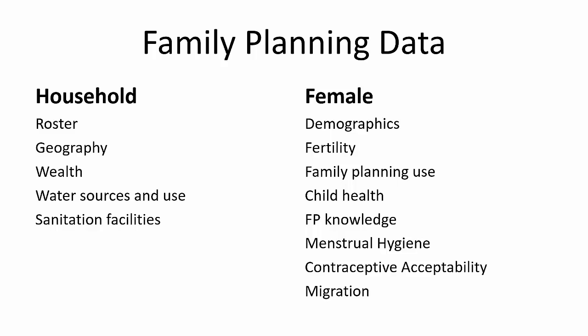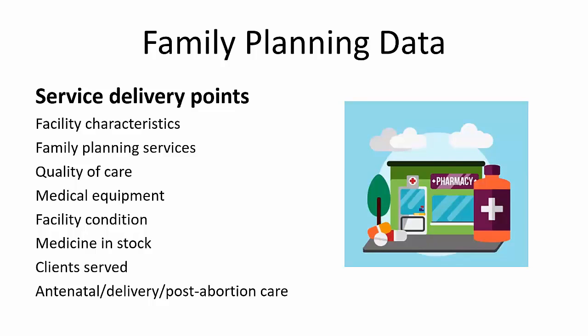Some countries have additional questions, such as migration and menstrual hygiene. The family planning facility data that can be linked to person-level data contains extensive information about the facility, including the family planning services offered, their staff, family planning products and other medicines that are in stock, and other health services that are provided there.